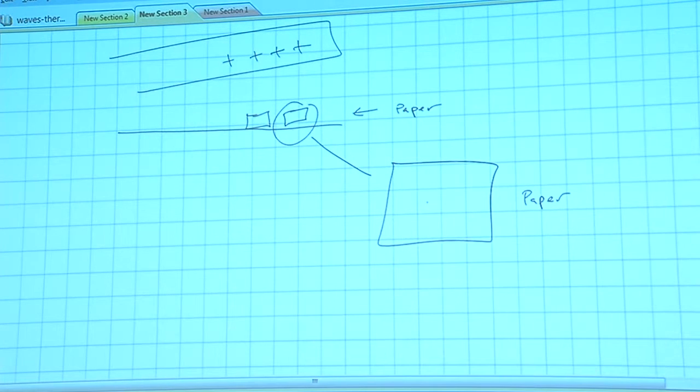But what can they do? They can shift a little bit. They're still stuck to that atom, but they can shift a little bit in one direction or the other. If they're attracted to a positive force, they can shift toward it a little bit. If it's a negative force, they're repelled, they can shift in the opposite direction a little bit. So what we end up with is the molecules, instead of being perfectly symmetrical, the molecules take on sort of an elongated shape if you were to look at them electrically, right?